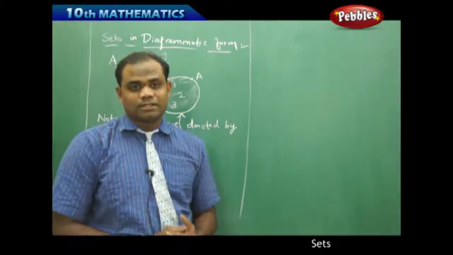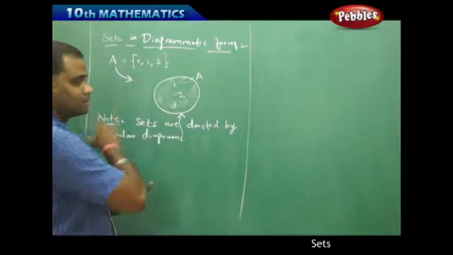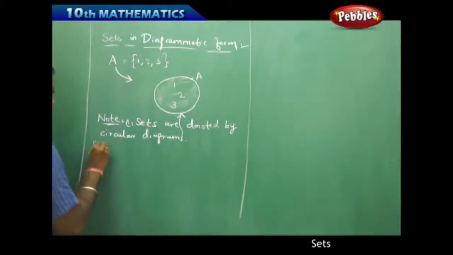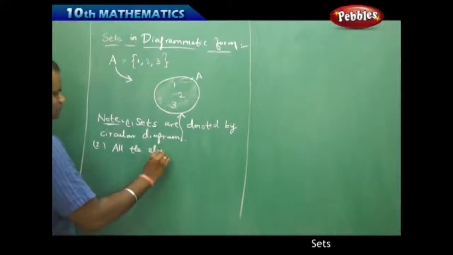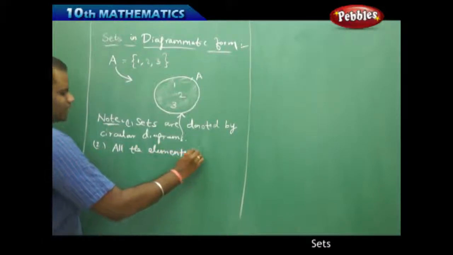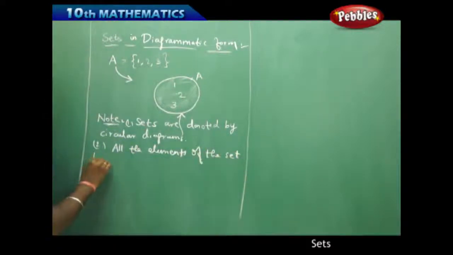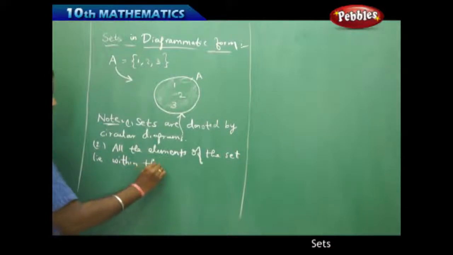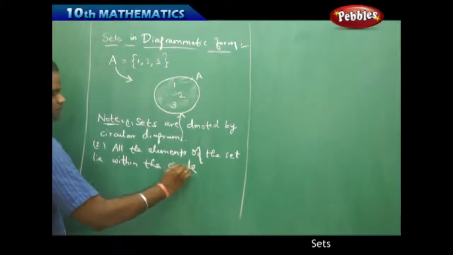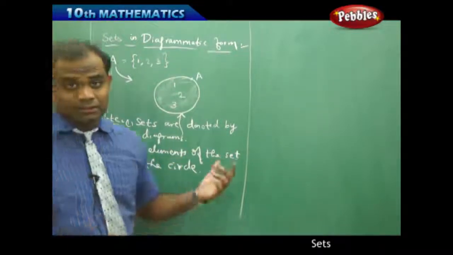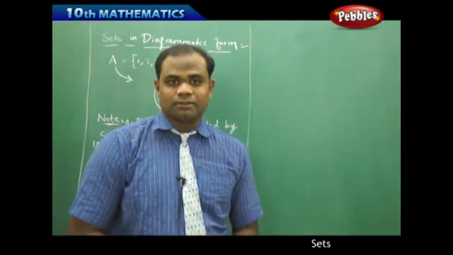The elements of the set lie inside the circle. All the elements of the set lie within the circle, is how I understand the diagrammatic representation of a set.